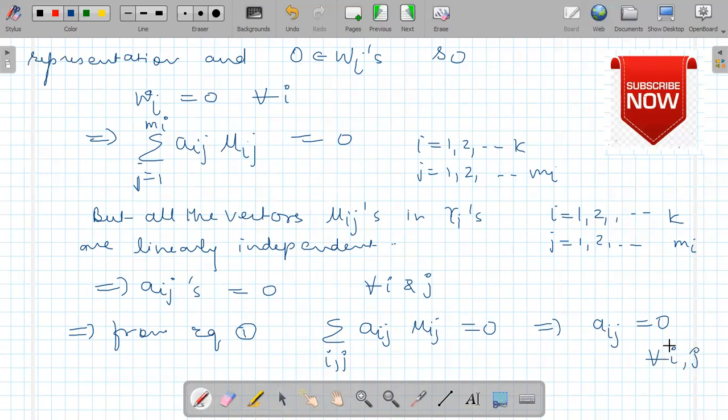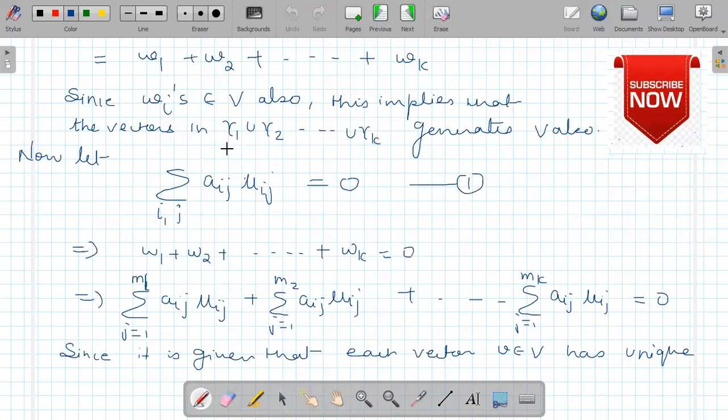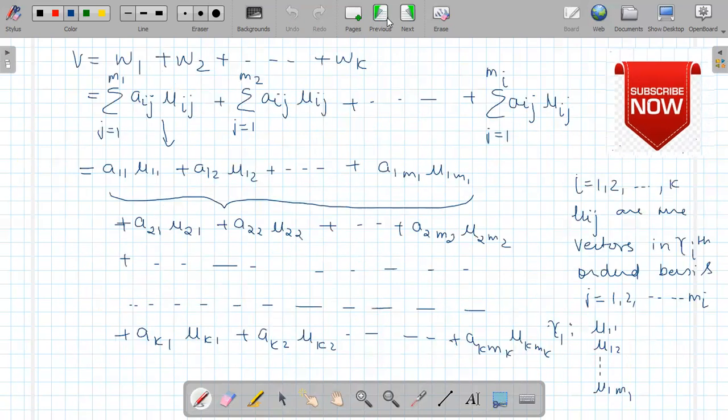This proves that the vectors in the union of gamma i's are linearly independent. Hence, we have shown the two conditions.